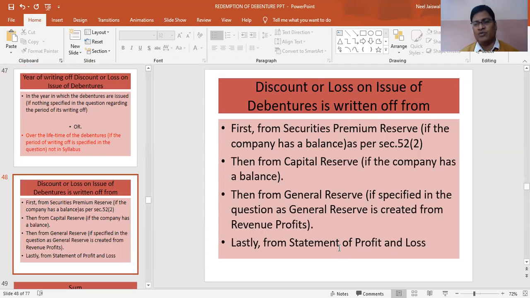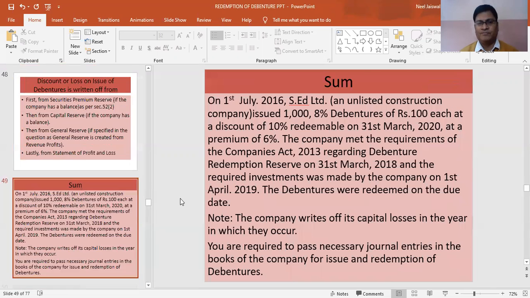Then again general reserve to loss on issue of debentures 5,000. 15,000 gone. Still 85,000 loss is there. And only 5,000 credit balance is there in the statement of profit and loss. Surplus is only 5,000. So we will write the next entry as statement of profit and loss to loss on issue of debentures 85,000. That means our statement of profit and loss will become a negative balance of 80,000. This is the order which we have to follow as given in our Companies Act.